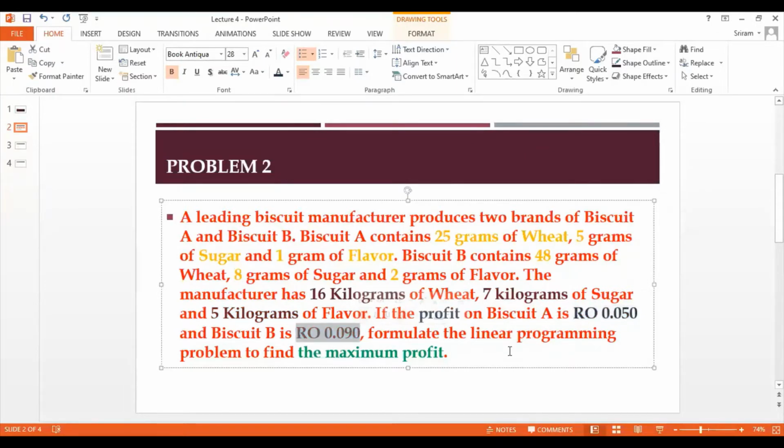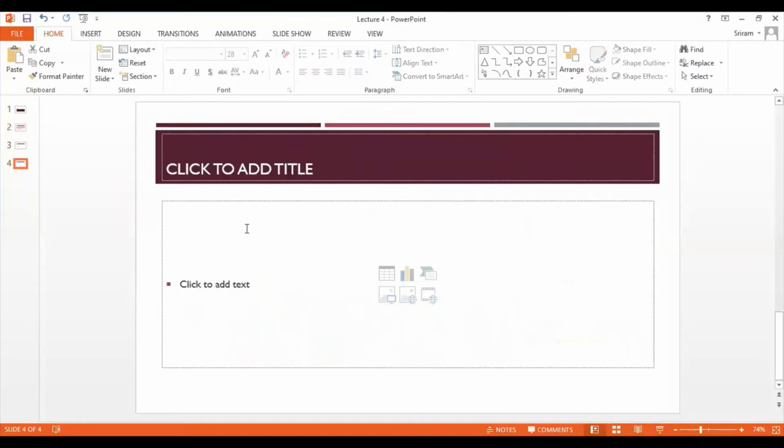Now using this, we are going to form the linear programming problem. We said we will make a table.